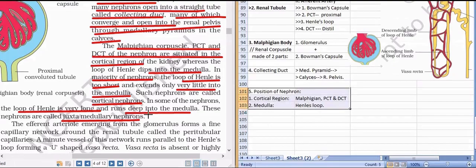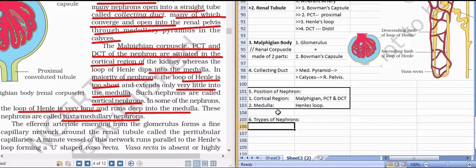The next topic is the types of nephrons. Sixth is types of nephrons. What are the two types? One is cortical, another is juxtamedullary.